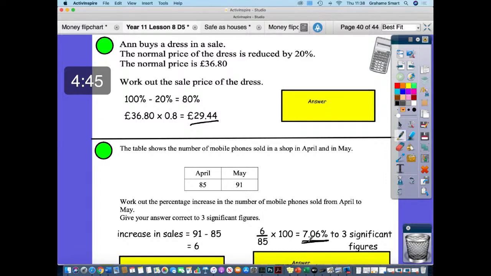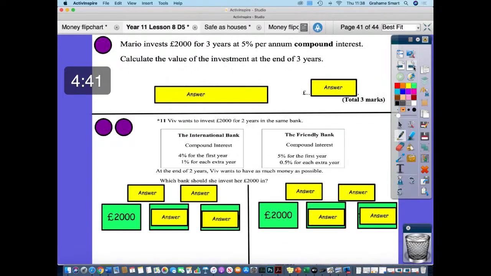Let's get on to those trickier ones for the last 4 minutes or so. I'd like you to work through both of these. Just read them carefully. I have set them up so that I can go through the answers quickly. This is 5% per annum on this first question. So is the interest rate fixed? Yes. Just be careful with this next one underneath.